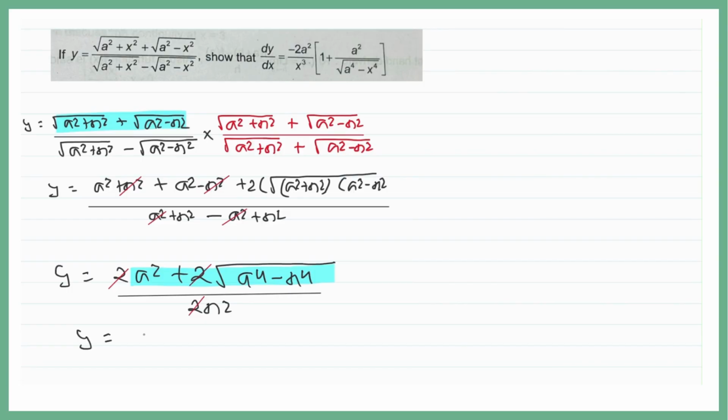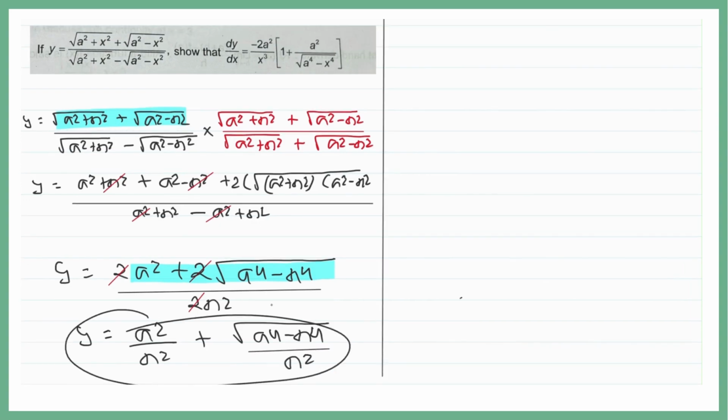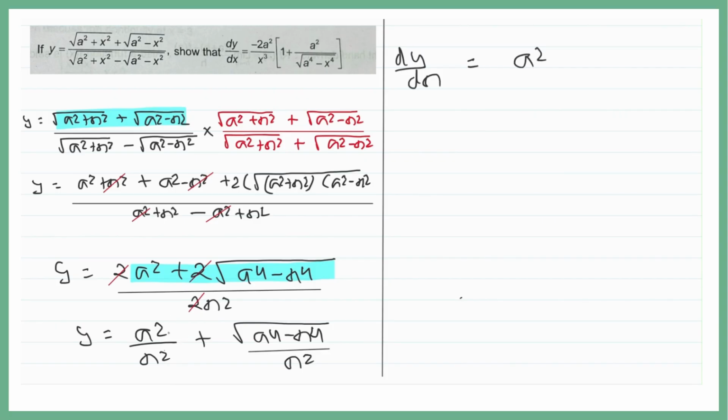Now by writing them separately, we can say that y is a²/x² plus the whole under root of a⁴ − x⁴, divided by x². Next, we are going to differentiate this. On the left hand side, we have dy/dx. For the first part, a² being a coefficient, the differentiation of 1/x², which is the same as x to the power minus 2, is minus 2x to the power minus 3.